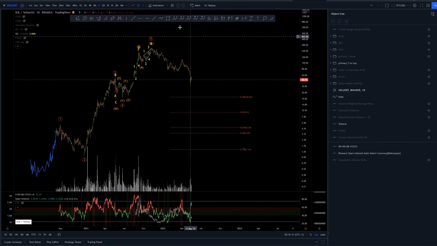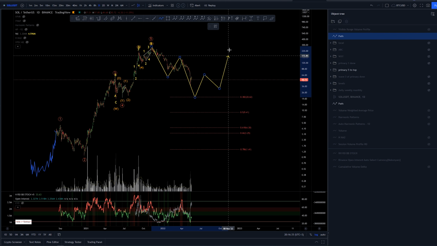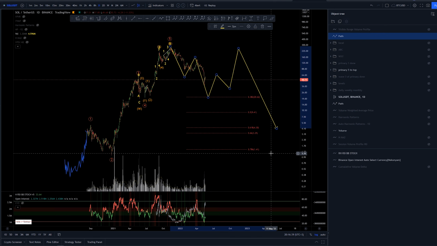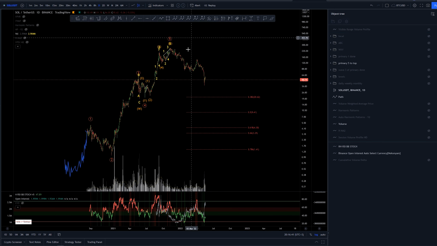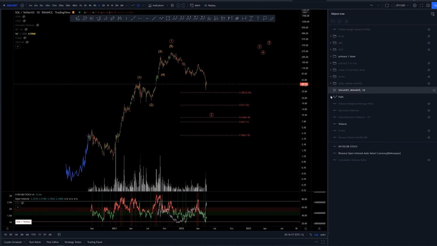So yeah, if this is the case, we would be making probably this structure, then something like this, and then just a complete dump. But have that in your mind as well when price comes back up to these highs, and see what kind of structure we have here before just going all in. Well, all in, you're probably already all in, but at least take profits.